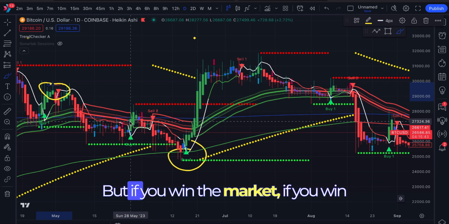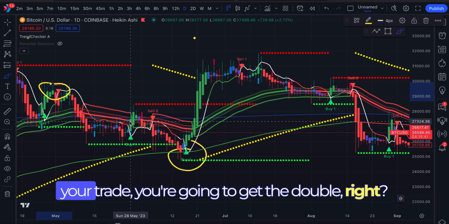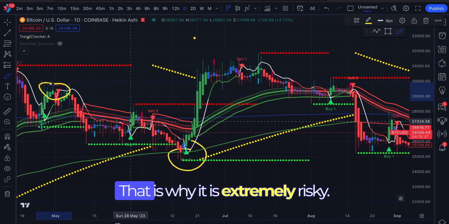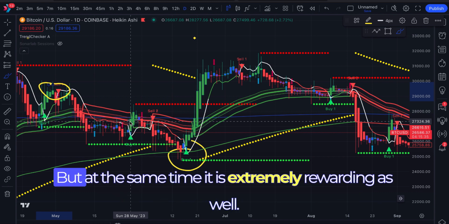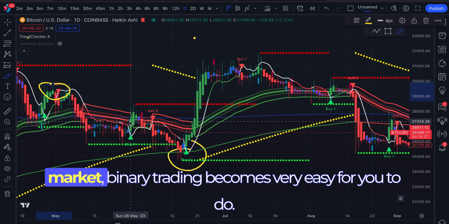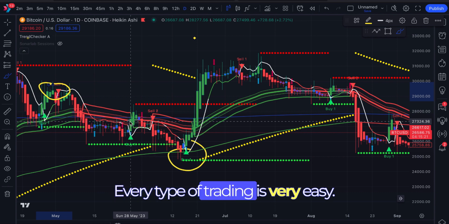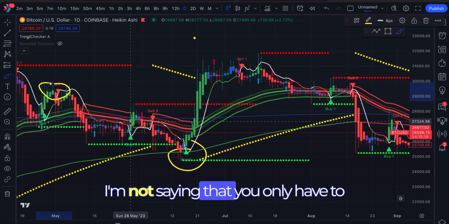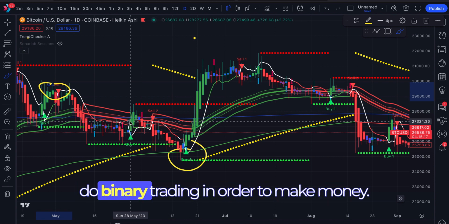But if you win your trade, you are going to get double, right? That is the catch of binary trading. That is why it is extremely risky, but at the same time extremely rewarding as well. If you know what you are doing in the market, binary trading becomes very easy. Every type of trading is very easy. I'm not saying that you only have to do binary trading in order to make money.